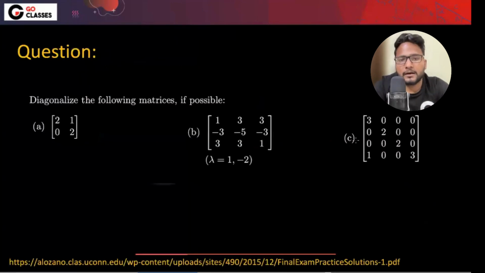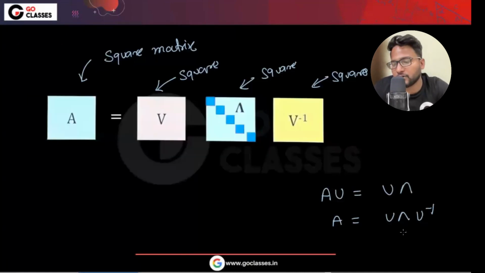Now let's see how to diagonalize. This is also called diagonalization. How to diagonalize a matrix A? That means finding this U and lambda. U is just a set of eigenvectors, and lambda is the set of eigenvalues.